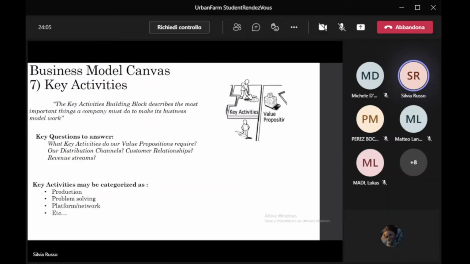And the key activities can be categorized as production, problem solving, platform, network, etc. And to fill in these building blocks, we can ask ourselves what key activities do our value proposition require, our distribution channels, customer relationships, and revenue streams.